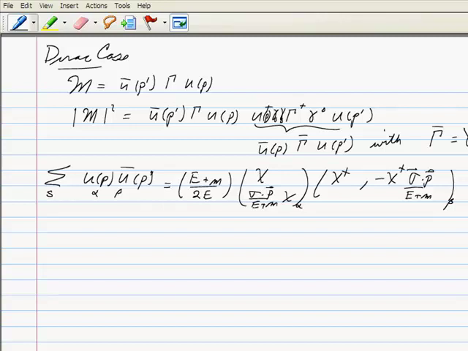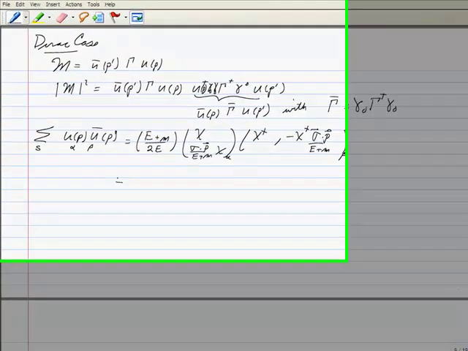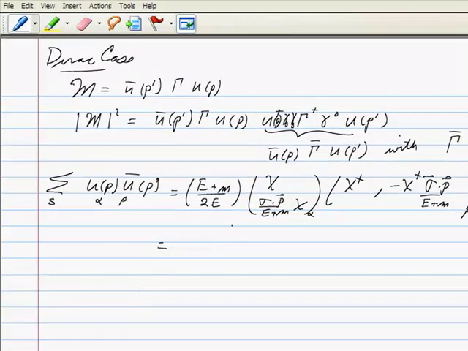So that was the normalization factor, the way we're doing normalization so far in the course. This is the old chi's. Now, the chi sum we just did, those turn into 2 by 2 unit matrices. So that's the sum over spins there. So this is (e plus m) over 2e.